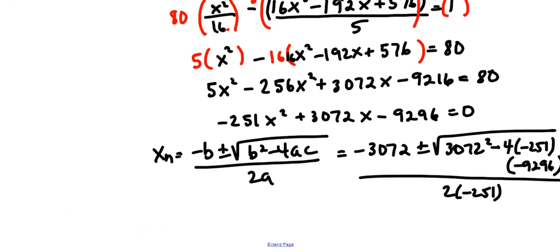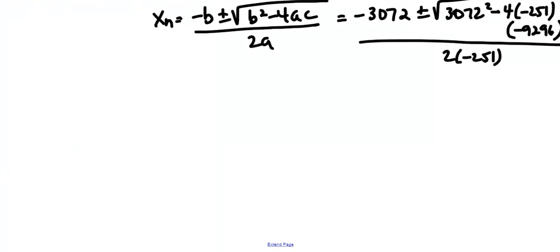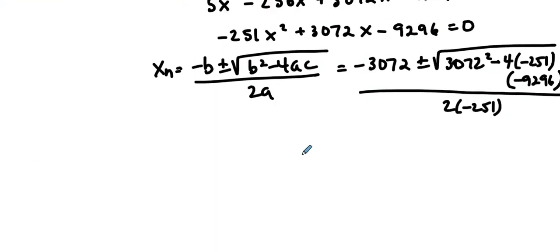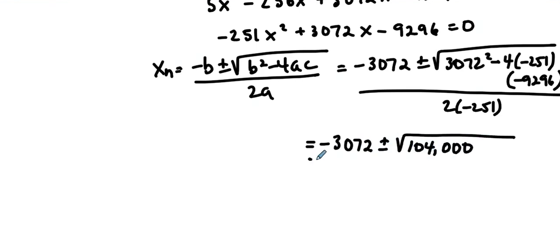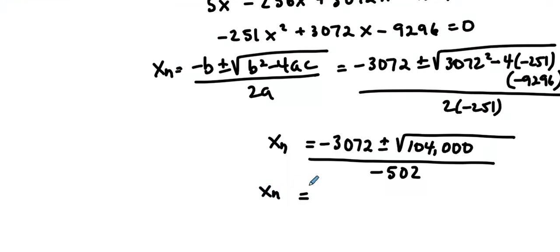What are we left with here? We are left with negative 372 plus or minus the square root of 104,000 divided by negative 50. We're almost done, because then we have to split it up into x1 and x2.